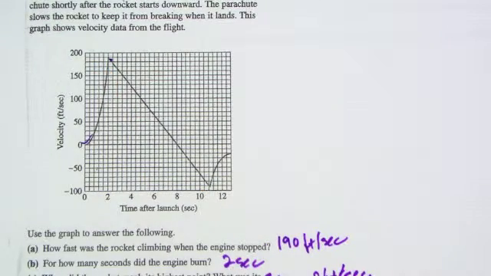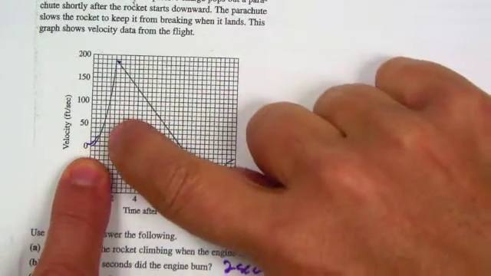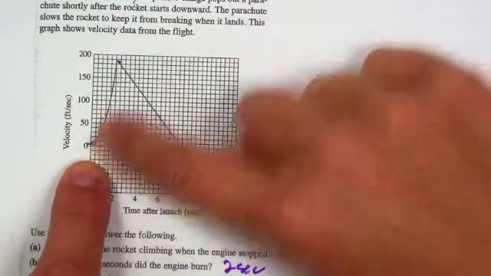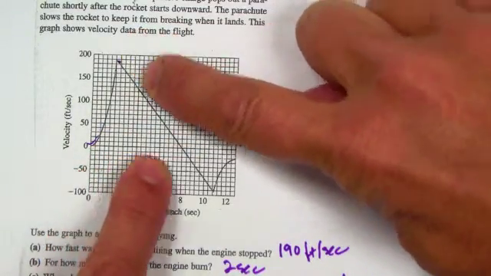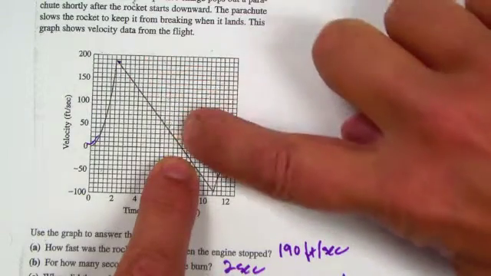Okay, so let's think about this. Here's my rocket. It's been shot up by that engine. It's still going up, but it's going up at a slower rate.